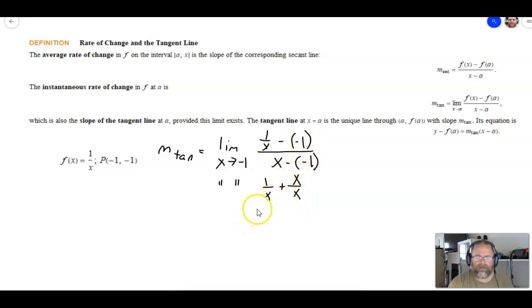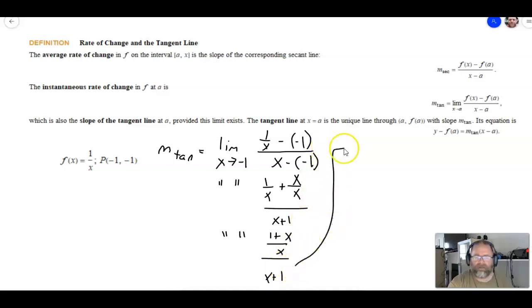So I have a common denominator there, all over x plus 1, and then copy the limit there again, and if I add those, I'm going to have 1 plus x over x all divided by x plus 1, and then if I multiply by the reciprocal of the denominator, that is going to be the limit as x approaches -1 of, and I'm just going to end up getting 1 over x because we're multiplying by the reciprocal of that, and it'll cancel out.